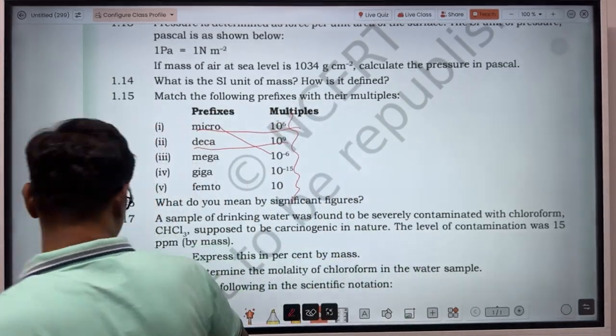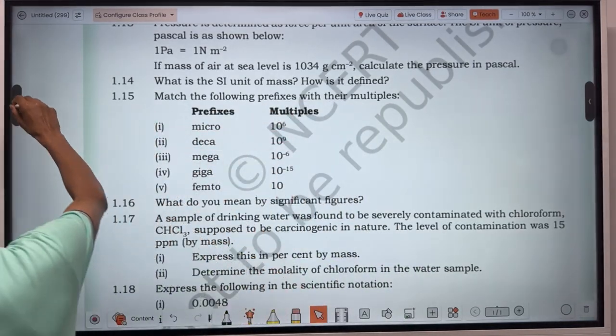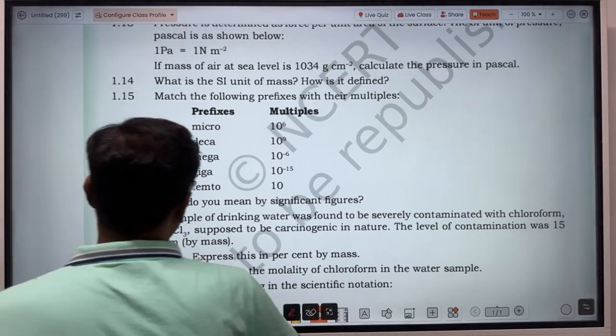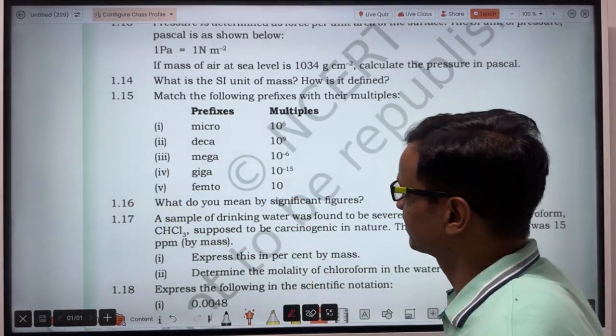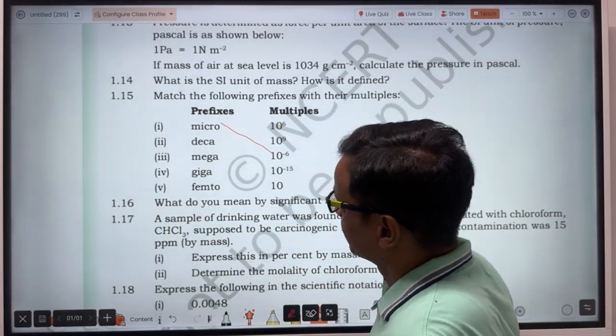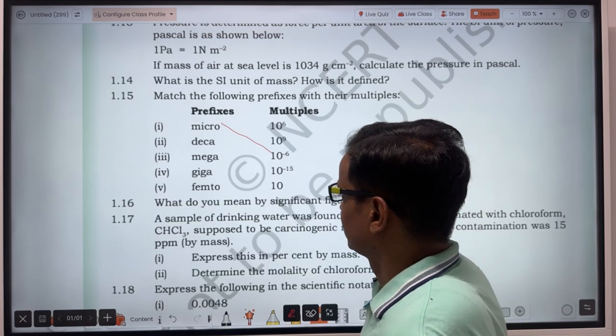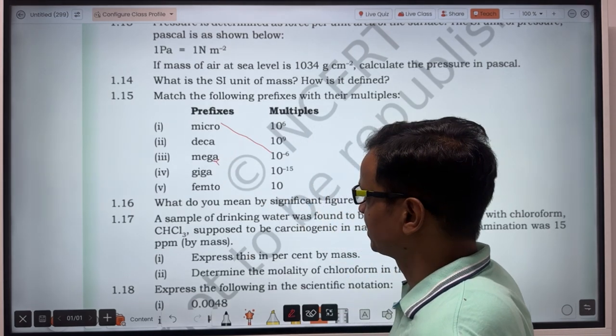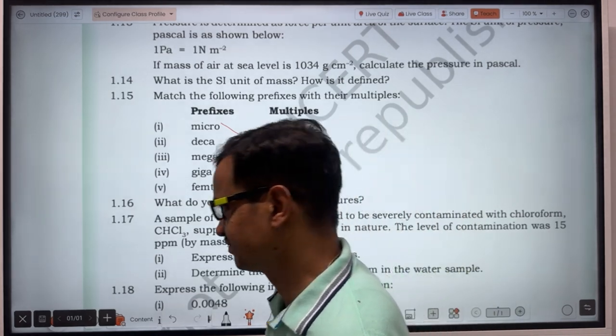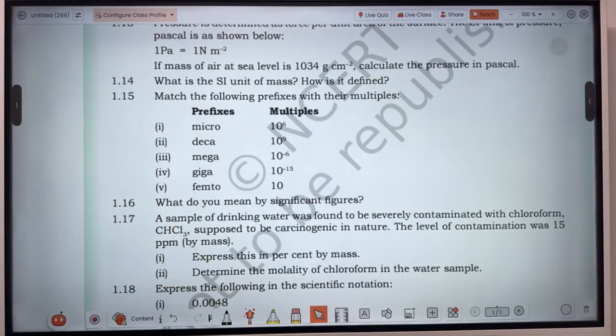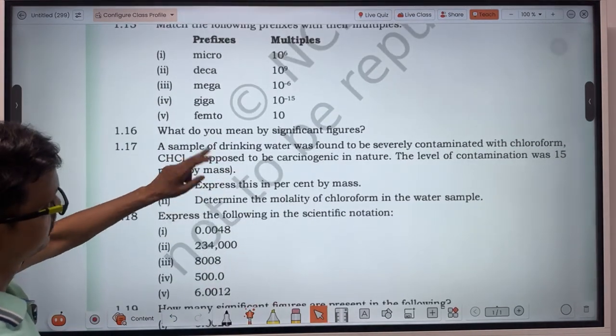I think you already know, but micro, 1 micrometer means 10 power minus 6 meter. Mega, giga, femto, this one, you are already aware of in physics.